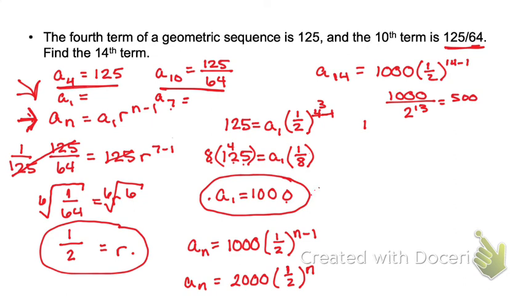Can I divide 500 by 2? Yes. And I get 250. Can I divide that by 2? And I would get 125. Can I divide that by 2? No. So I took how many off? 3. So it's 2 to the 10th.